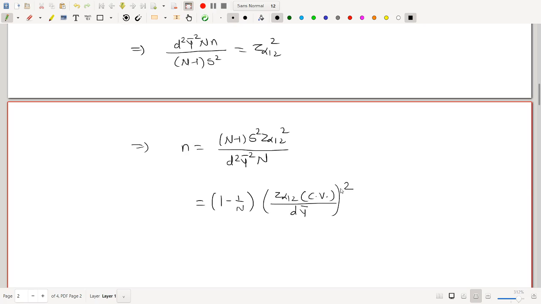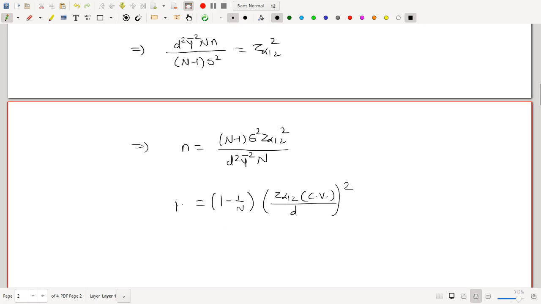So this is actually z alpha by 2 square, and this quantity, coefficient of variation square, is actually S square upon Y bar square. So this Y bar will be in the coefficient of variation: S square upon Y bar square, and this is d square.